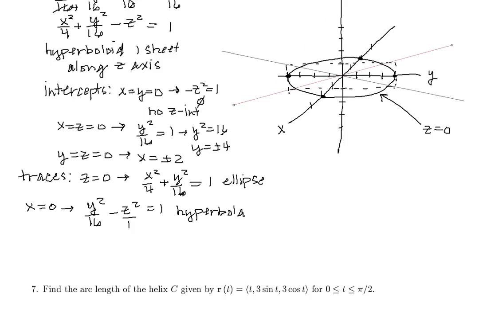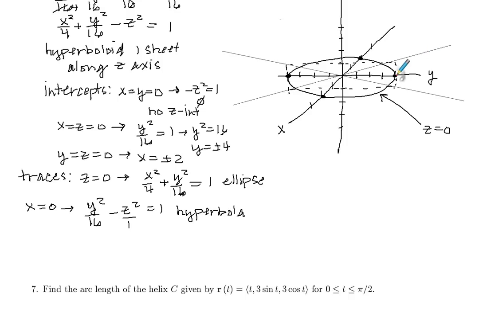Okay, so let me do this trace in red. So x equals 0 is going to be in red. So this guy comes in like this. It's asymptotic to those. So this is a pretty steep hyperbola.